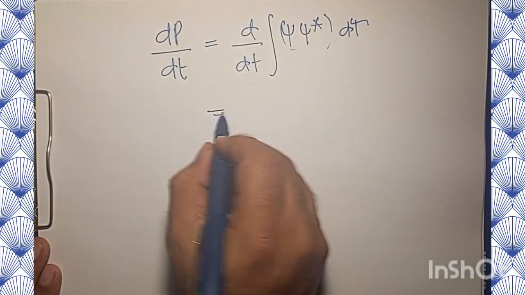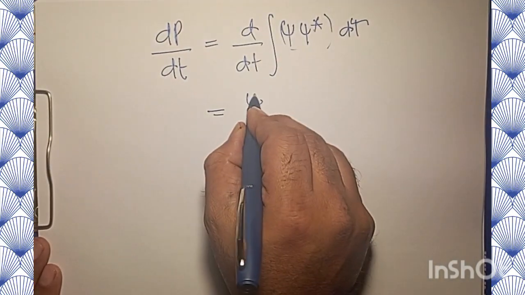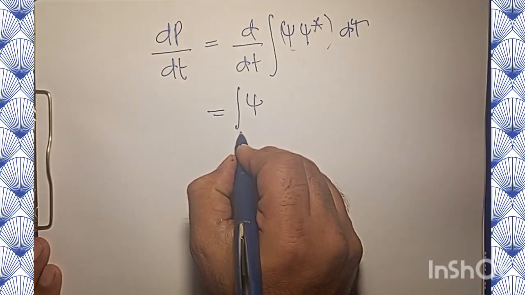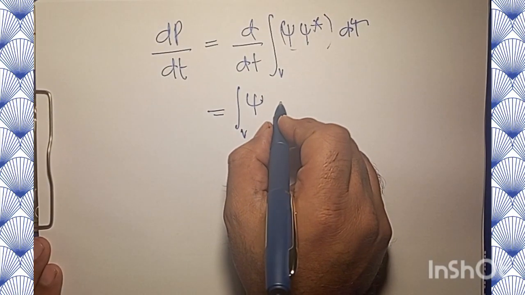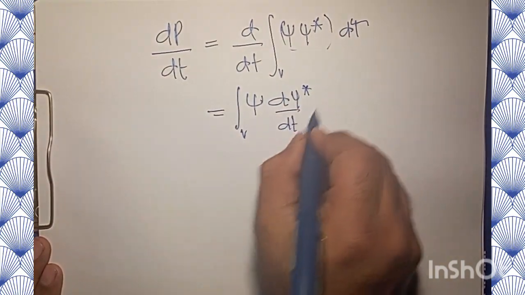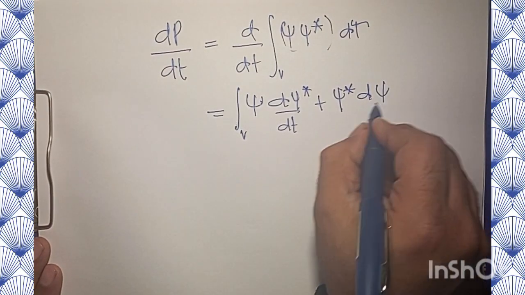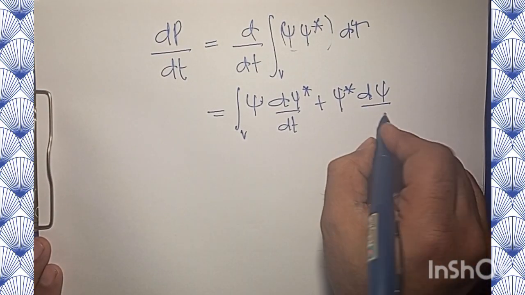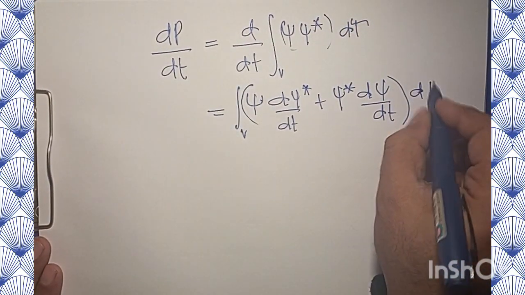And here we can think of using the UV rule. So psi will remain as it is. I have the integral, it's a volume integral. So then I'll have d psi star by dt times psi plus psi star as it is, times d psi upon dt, all enclosed by d tau.